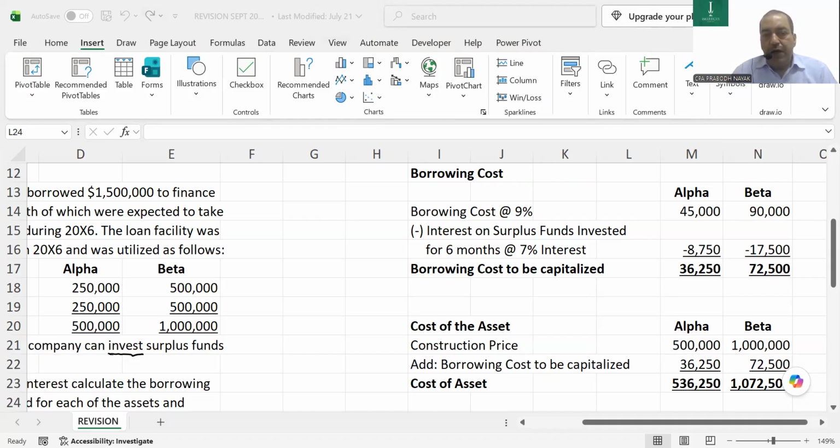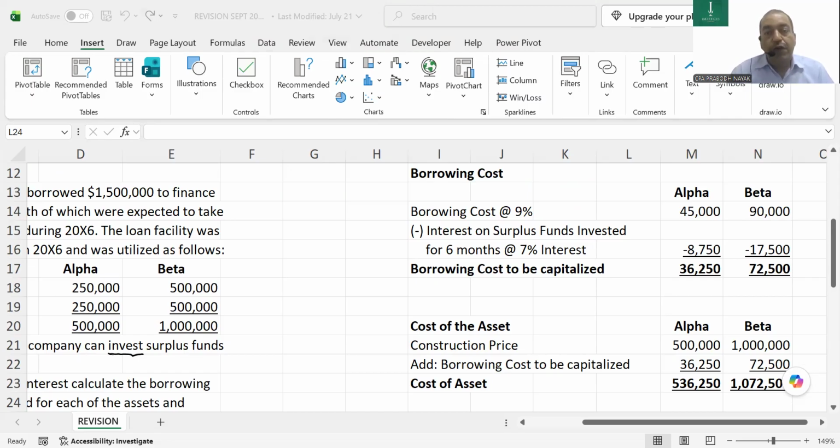Yes, why it is calculated for 6 months. It is calculated for 6 months because we are investing the amount from 1st January. See, half the amount has been utilized from beginning to end. The remaining half has been utilized only for the last 6 months. So for the first 6 months from 1st Jan up to 1st of July, we have made use of only half the amount.